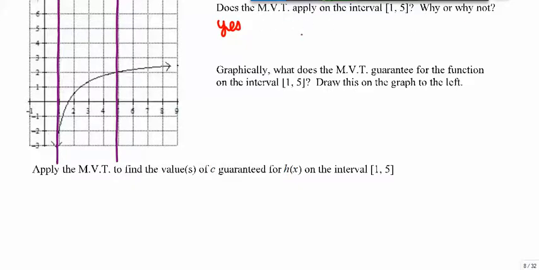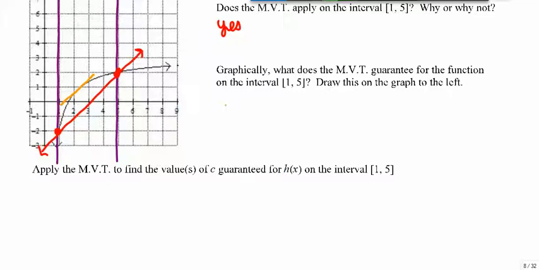It's continuous and differentiable. It says graphically, what does the MVT guarantee for the function on the interval? Graphically, what it says is the slope of the secant, from that coordinate point to that coordinate point. There is another slope on the curve representing the instantaneous slope that will be equal to it, or parallel to it. Somewhere else it will be parallel.